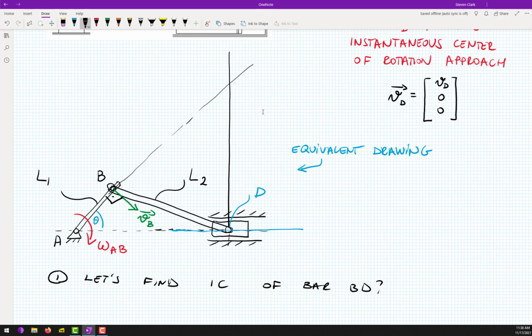I managed to do it. So this is 90 degrees, and our IC is here. Perfect. Thank you for the help, guys.